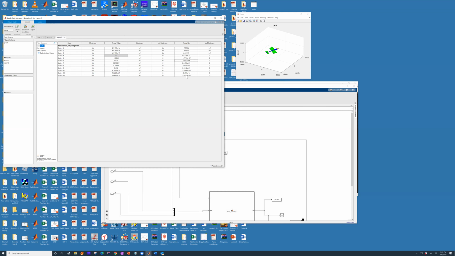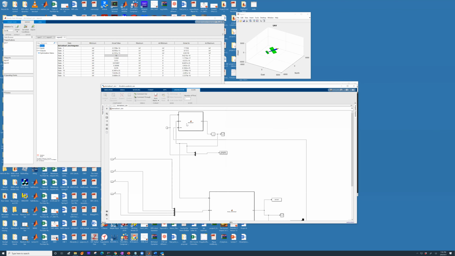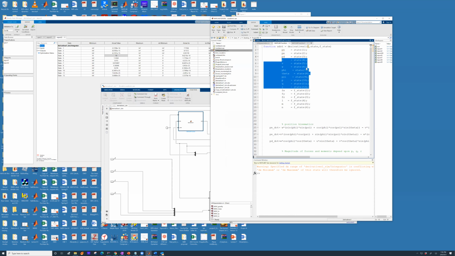But what has changed? Please note, state 5 is no longer close to 0. State 6 is no longer close to 0. And state 5 and state 6 are nothing but, if you go back to here, state 5 is V, state 6 is W. They are no longer equal to 0.